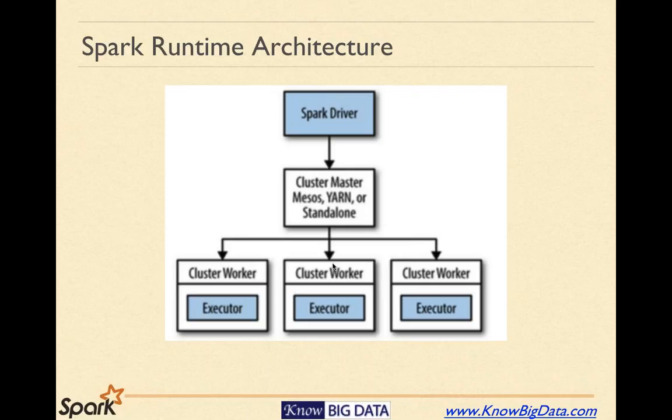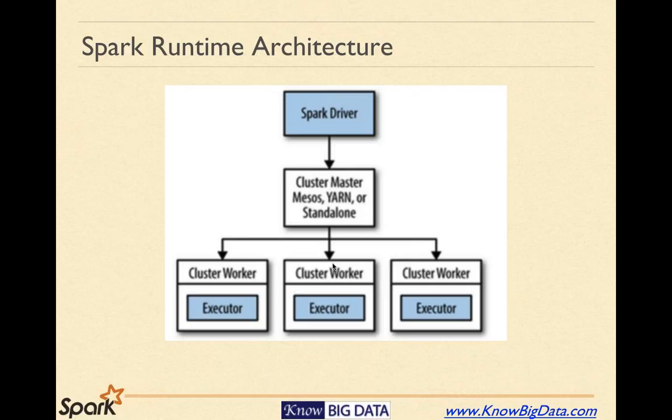And as per general understanding, standalone does not mean a single machine. Standalone just means that you do not have any of the existing cluster manager such as Yarn or Mesos. You want to set up your own cluster using Spark itself. So in that case, you can simply use standalone.